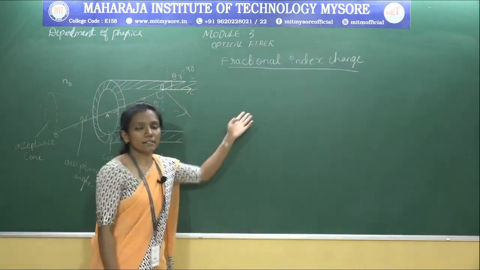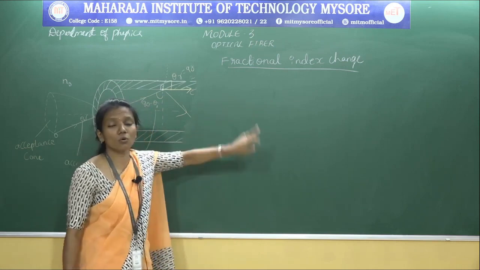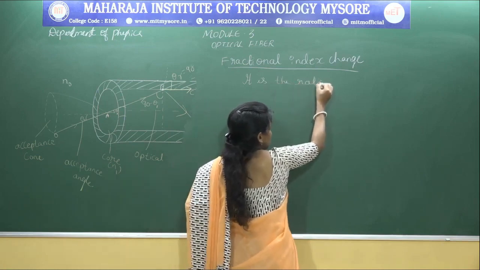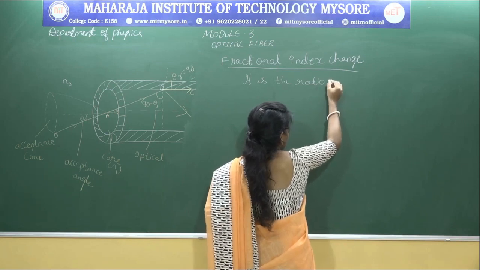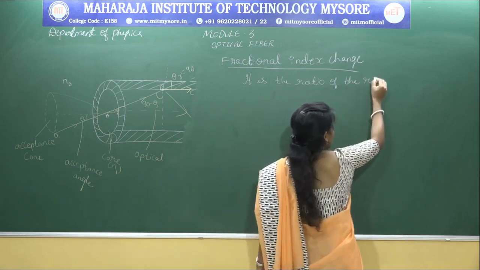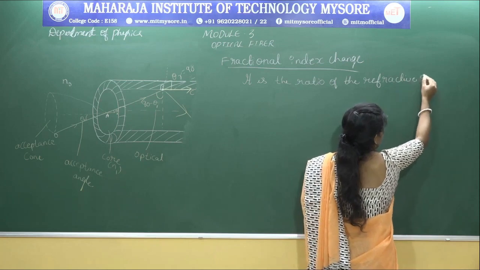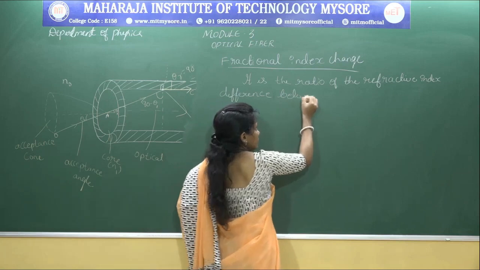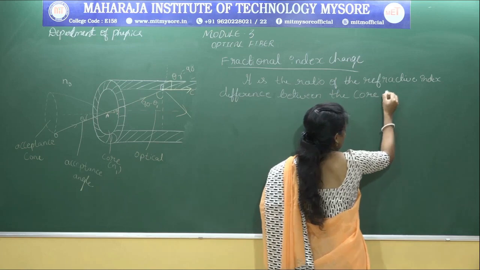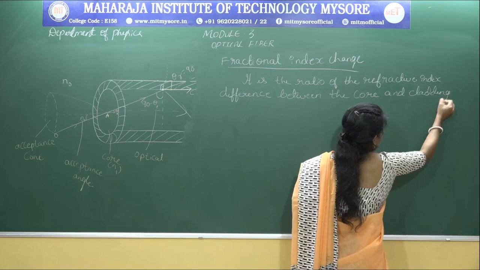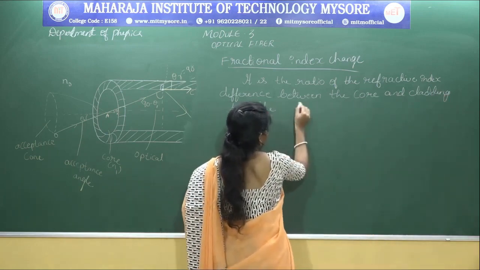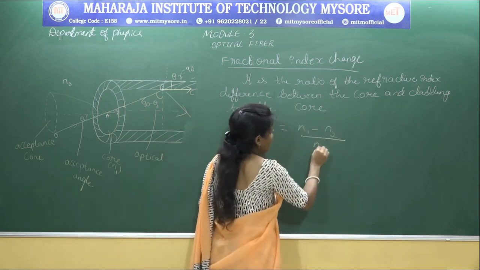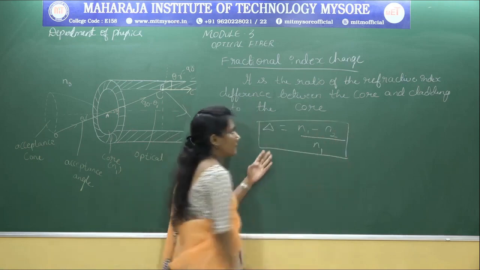Now the fractional index change is nothing but the ratio of the difference between the refractive index of the core and cladding to the refractive index of the core. So, this is the fractional index change.